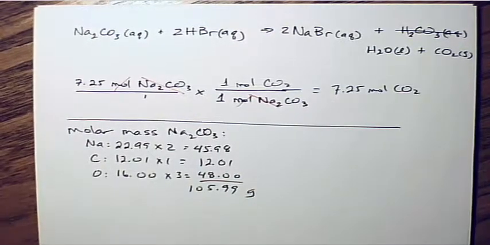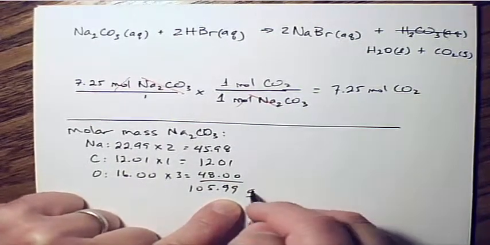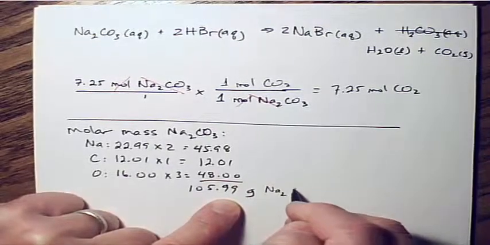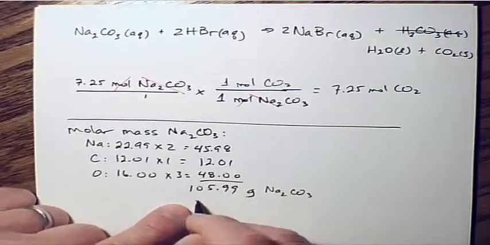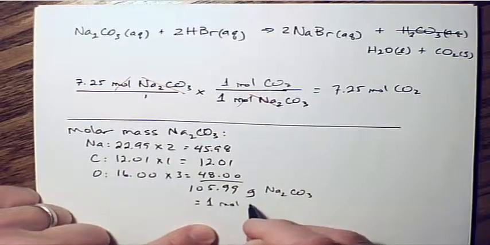If that were the only question, that would be the answer: what's the molar mass? But in order to make all this stoichiometry work out for you better, I'm expecting you every time to do more than just this when you calculate the molar mass. I want you to write it's grams of sodium carbonate, and I want you to write that that's equal to a mole every time.